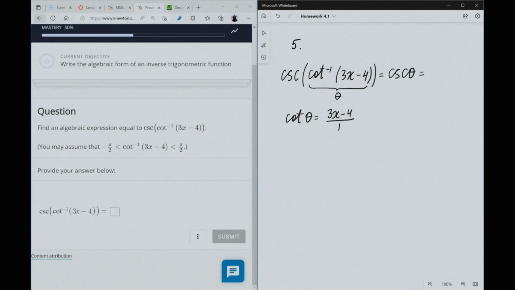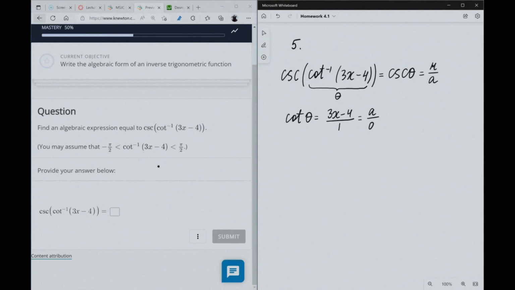And now we're going to use the definitions of cosecant and cotangent to introduce the reference triangle. Cotangent is adjacent over opposite. And cosecant is hypotenuse over adjacent.